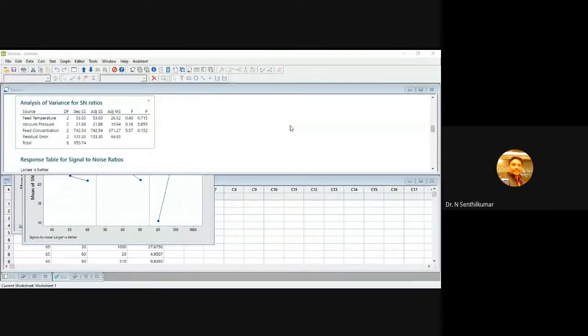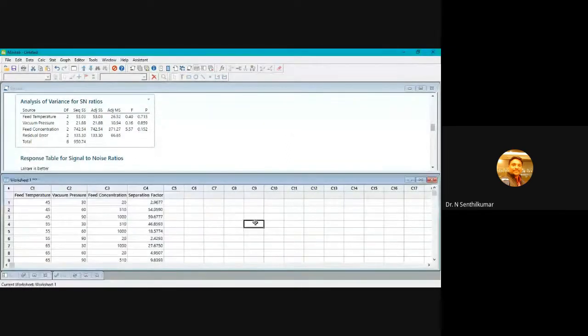So the residual error 133.3 divided by 950.74, and that will be around 14%. Okay, so like this we are going to determine the percentage contribution, that is individual sequential sum of squares divided by total sequential sum of squares.